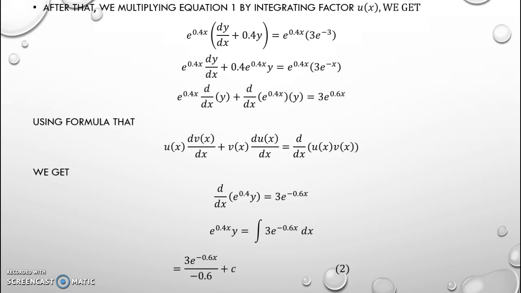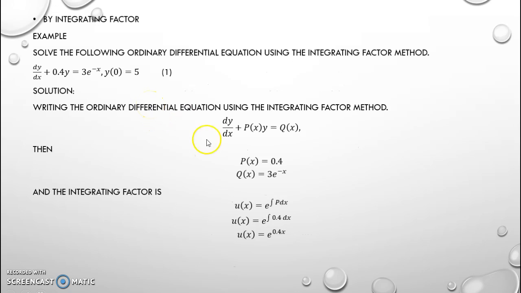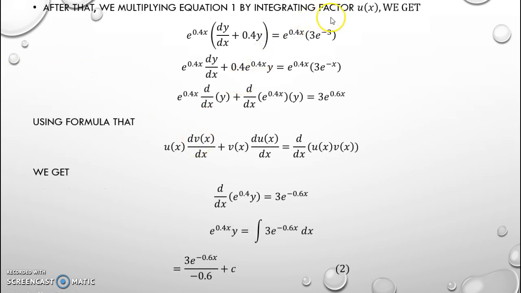After that, we multiply equation 1 by the integrating factor u(x). We get e to the power of 0.4x times the bracket dy over dx plus 0.4y, equal to e to the power of 0.4x times 3 e to the power of negative x.